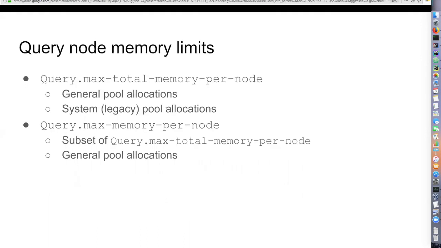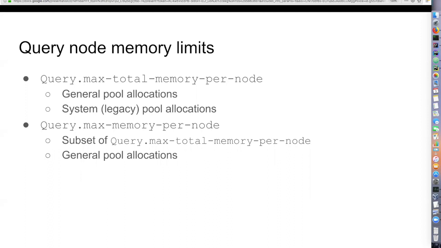So the query on the node allocates two types of memory. Let's go a bit back. When a query allocates memory during its runtime, it can label this memory as either user memory or system memory.